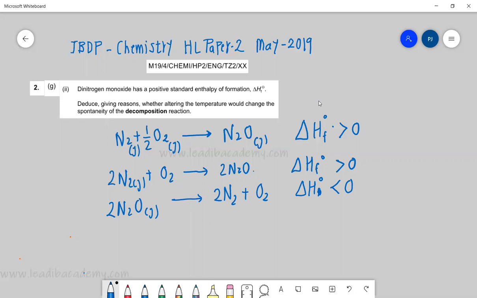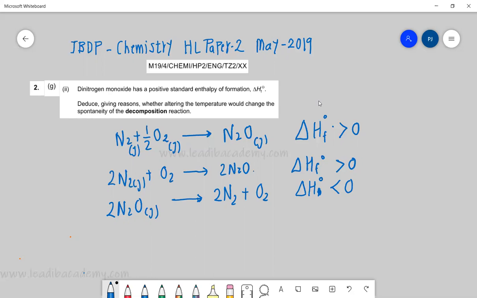If you reverse the reaction, the enthalpy changes sign. So we are very clear now that for this decomposition reaction, delta H is negative, which simply means it is exothermic.